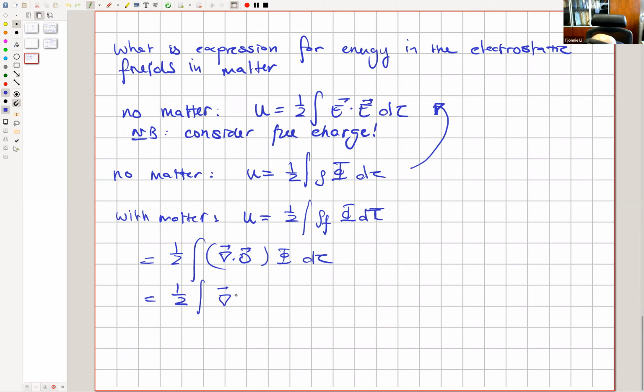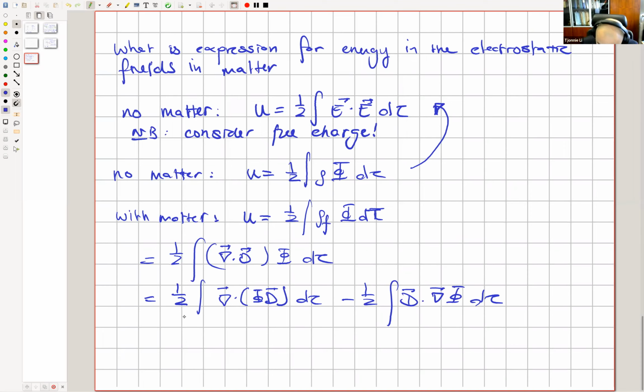I look at the divergence of phi D d tau, and then I subtract the actual gradient of phi dotted with D d tau.